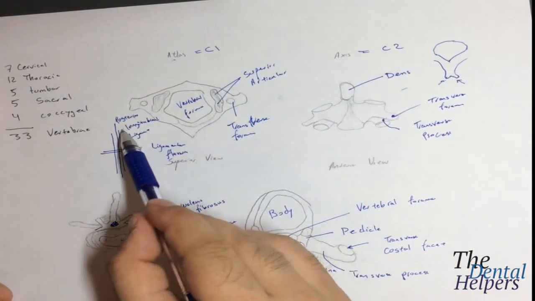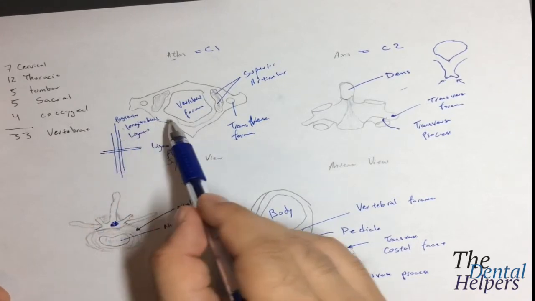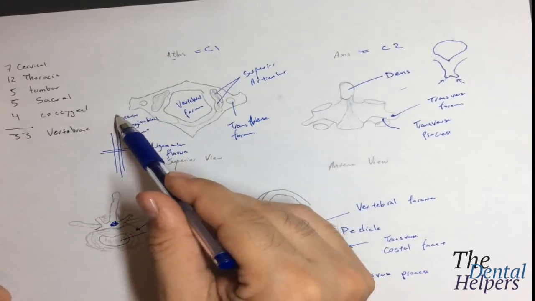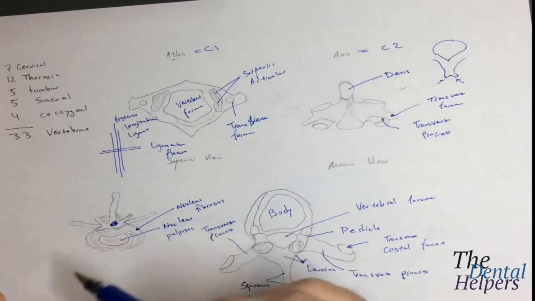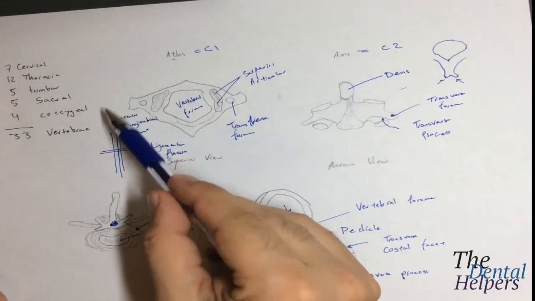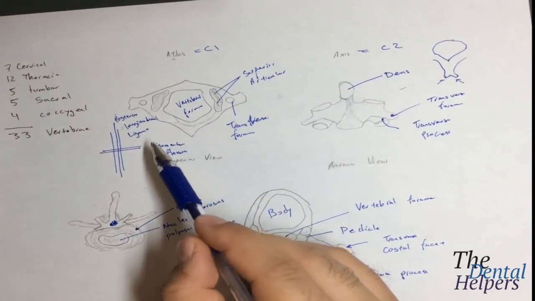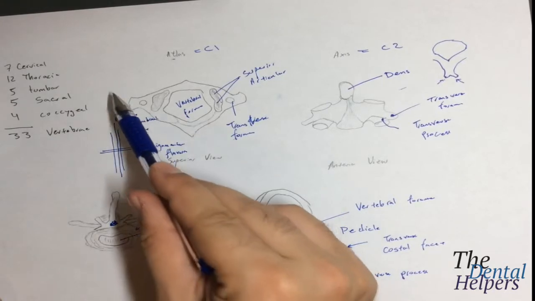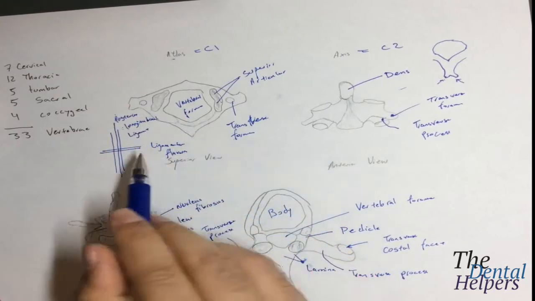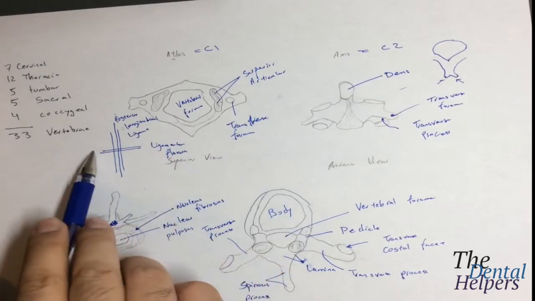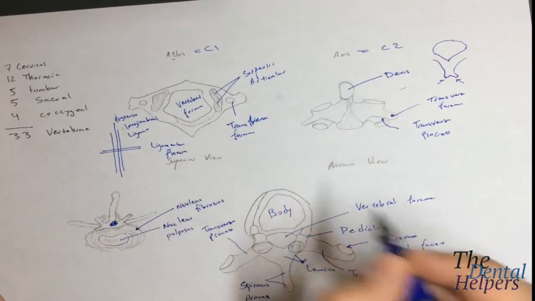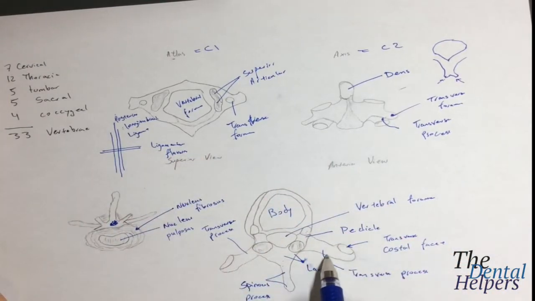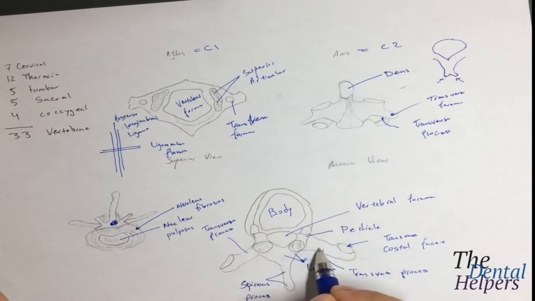Now, if you think about it, the name itself says it's long. If something's really long, it's going to go the full length. So just remember, long goes with long. The posterior longitudinal ligament is going to go along the vertebrae. The ligamentum flavum is going to go as a cross section almost, because it's basically going to go from here to here. So it looks almost like this.